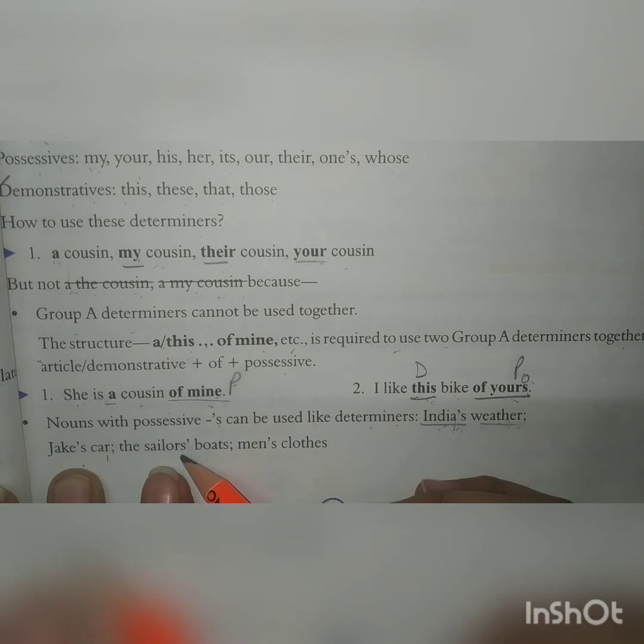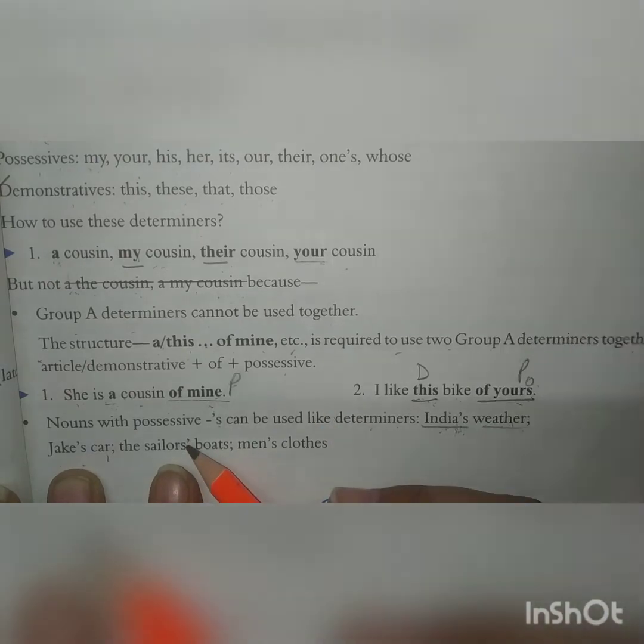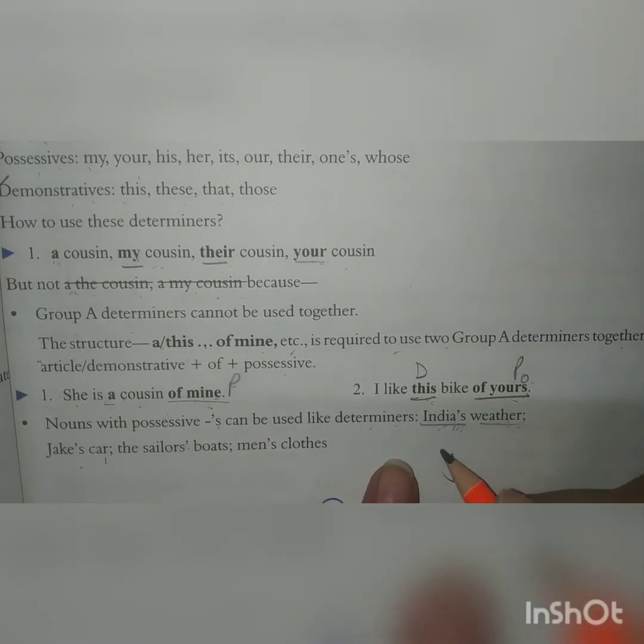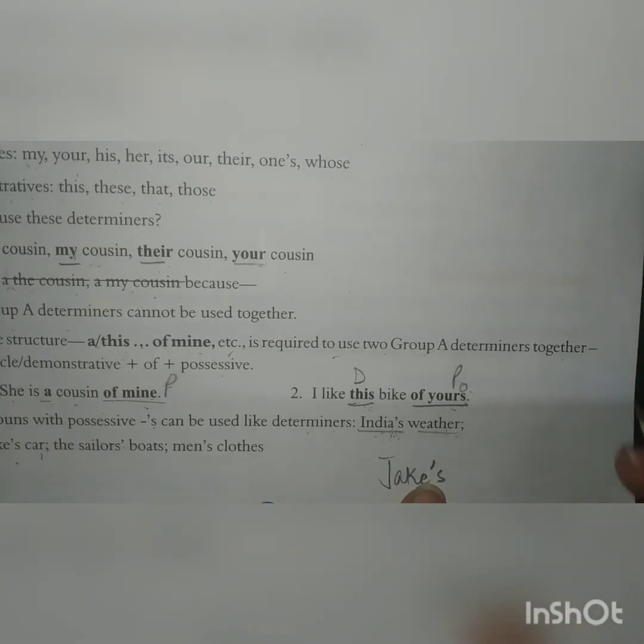When we are talking about a plural subject, the apostrophe will come after s: sailors'. And if we are talking about the singular, like Jake's, the inverted comma will come and s will be put after that.